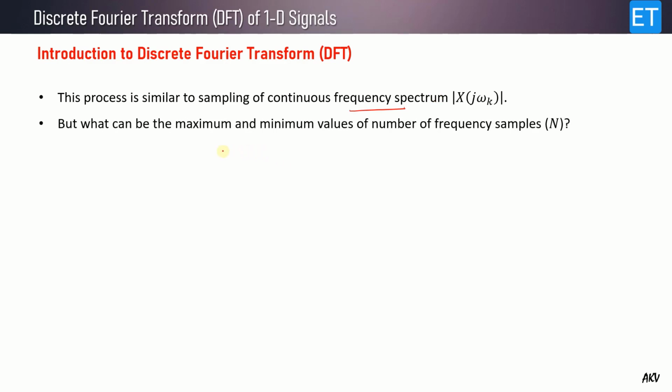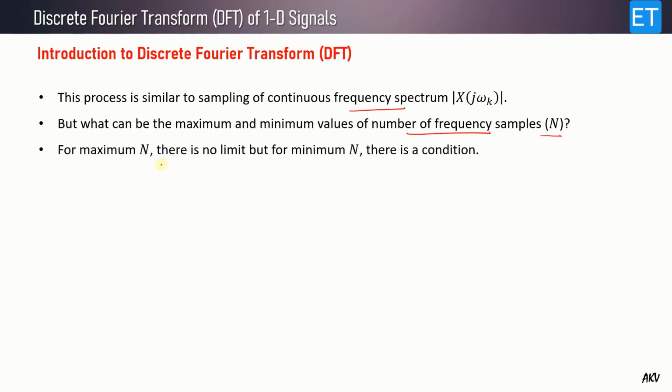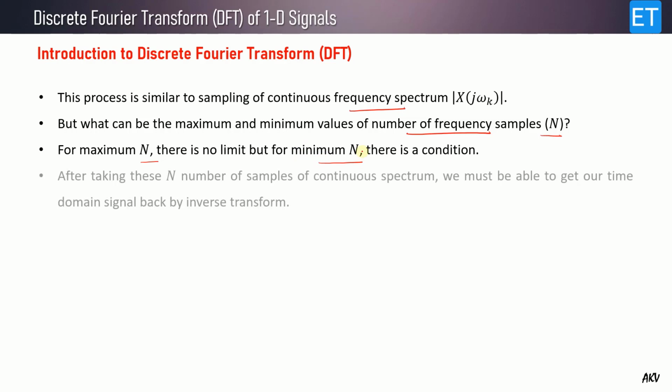But what can be the maximum and the minimum value of these frequency samples? I mean the value of N. How many samples can I take, or how many points at least can I compute for this continuous function of omega? For the maximum value of N, there is no limit, but for the minimum, there is a condition.